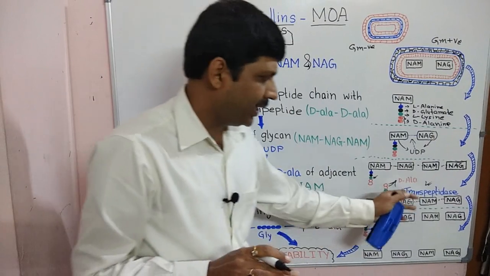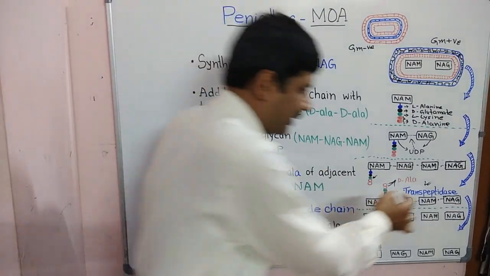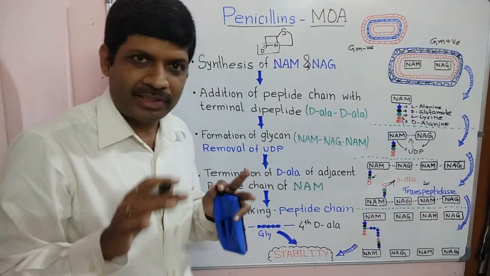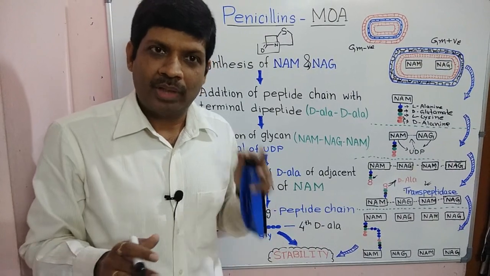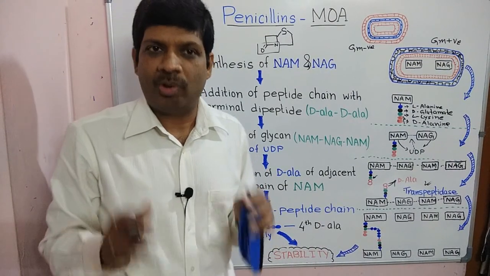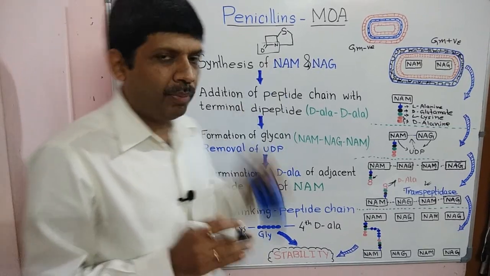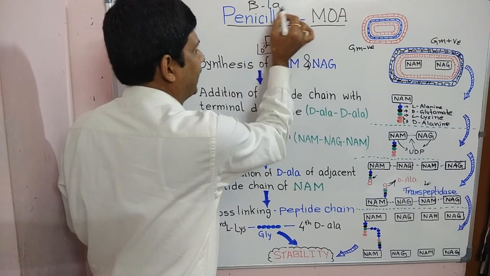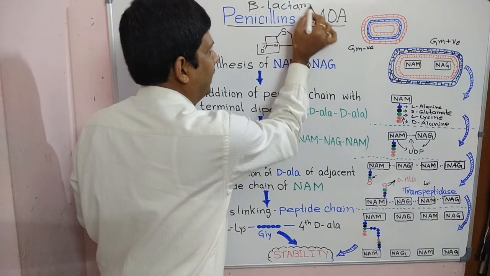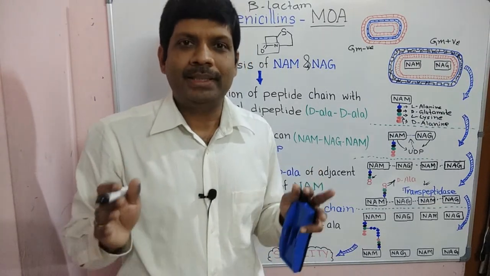Inhibition of transpeptidase happens at the last, because this is the last step of the synthesis of the bacterial cell wall. So the last step of bacterial cell wall synthesis is inhibited by the help of the penicillin or the beta-lactam antibiotic, and produces the bactericidal effect.